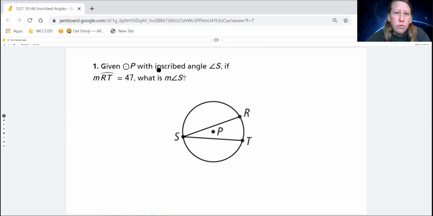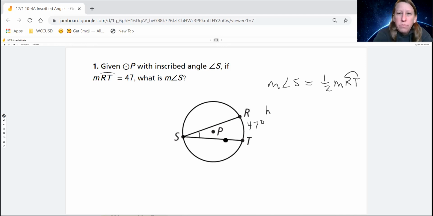Given circle P with inscribed angle S, if the measure of arc RT is 47, I'm just going to write that right onto my figure. What is the measure of angle S? That's what I want to know. And what we've discovered is that the measure of angle S is going to be half the measure of the intercepted arc, which is RT.